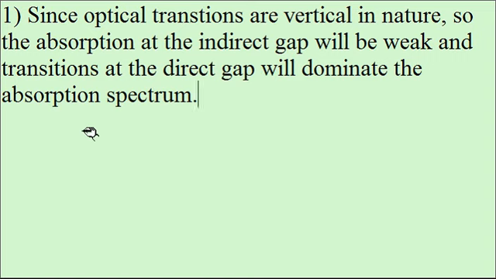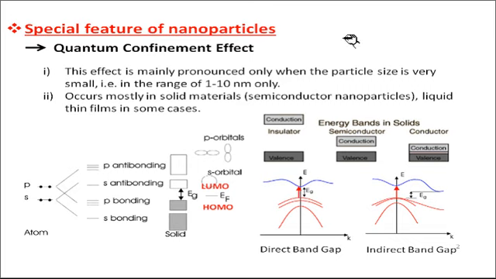So whatever absorption peak we normally see in the UV visible spectrophotometer is because of the direct band gap. Suppose this is your XY axis, and normally we can see this type of absorption pattern in the UV visible spectra, and it is mostly because of the direct band gap only.